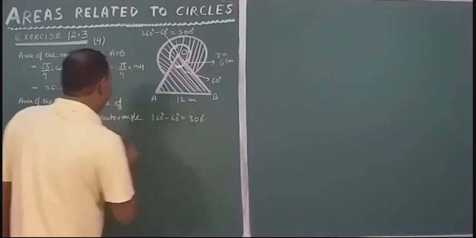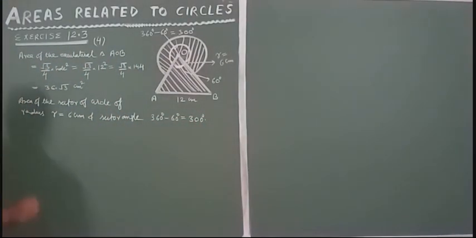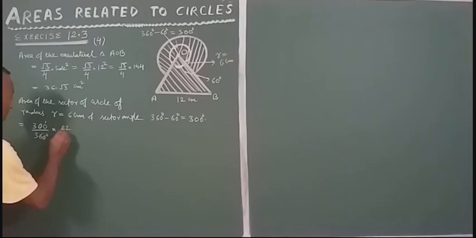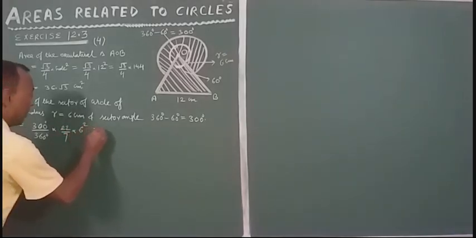So what will be the area of this sector? Theta upon 360. Theta is given 300 upon 360 into pi. Is pi mentioned there? No. This will be pi 22 upon 7. R is given 6 square. Now just solve it.